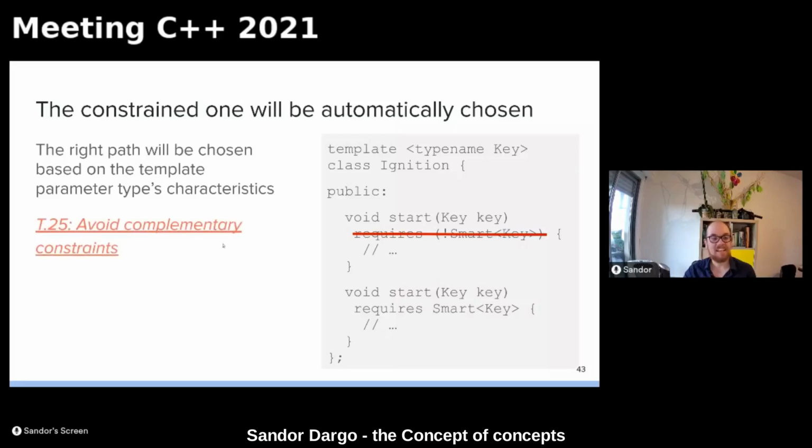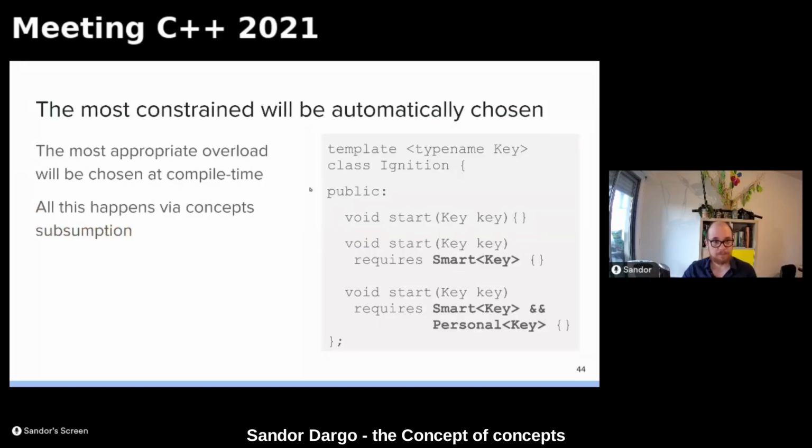The core guidelines also remind us that we should avoid these complementary constraints because they make our code more brittle. So it's okay, in fact it's not just okay, it's better to have a generic overload and a constrained one. You don't have to write the complement of it.